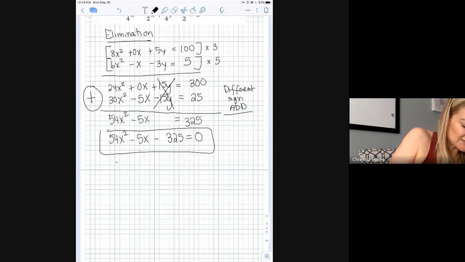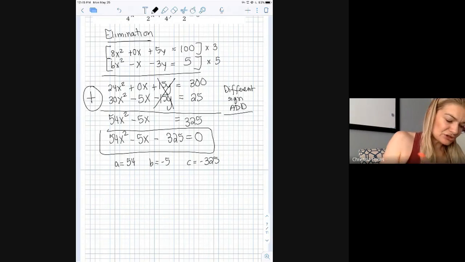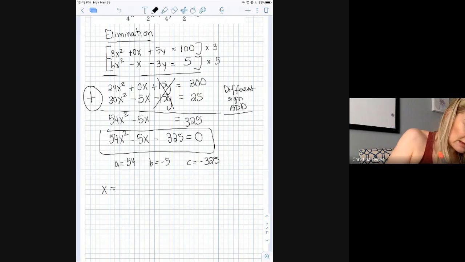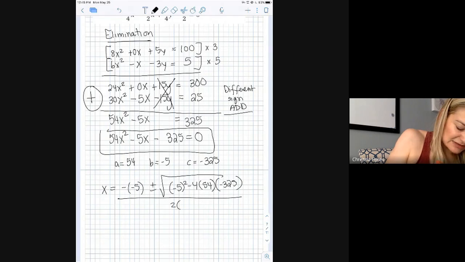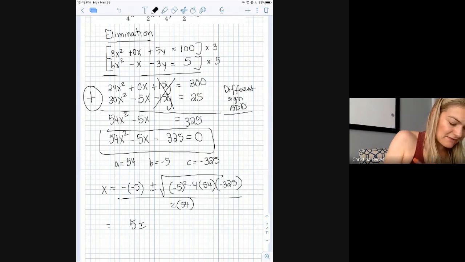Of course, I always find that it's easier to do the quadratic formula. So A is 54, B is negative 5, and C is negative 325. So I'm going to put that into my quadratic formula. B squared minus 4AC, divided all by 2 times A. So that's going to give me positive 5, and then I'm going to put that whole thing in my calculator.